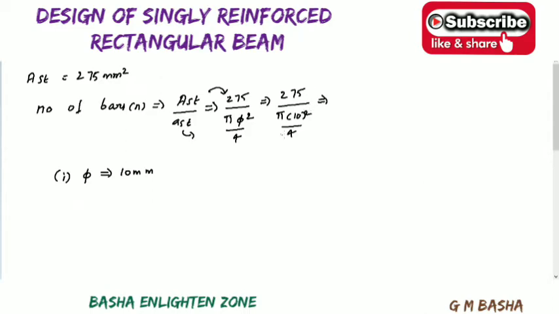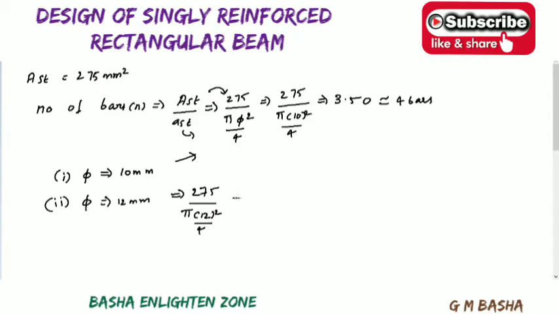So I will tell you the values. You will get some 3.50, means there is no 3.5 bars. You can go to the next number, that is 4 bars. If you are preferring this 10 dia, it is better to check another dia bar also, that is 12 mm, and again area of the steel will be equal to 275 and small ast will be pi dia square by 4, and again simplify this one, how much you will get, for me it is 2.43.